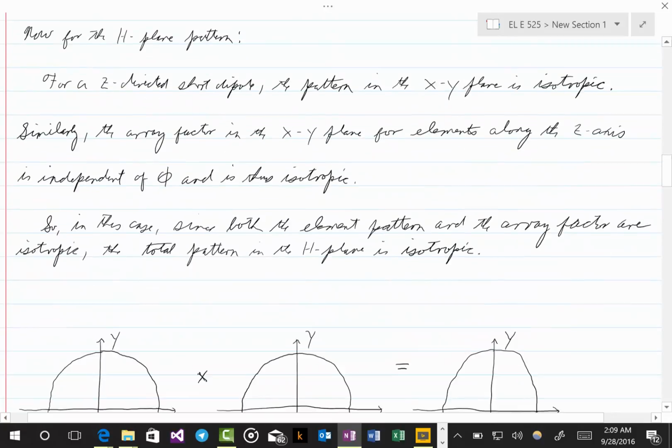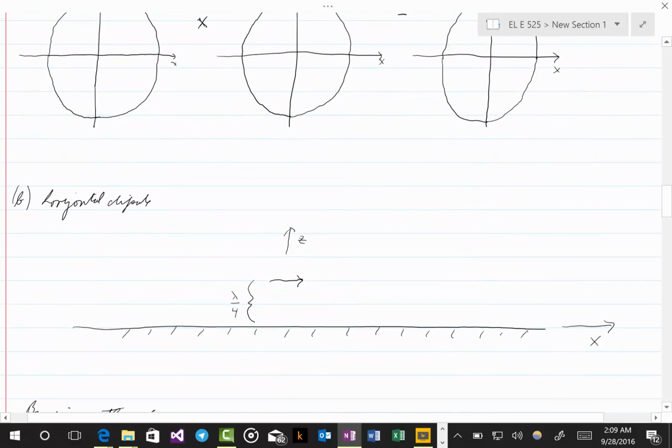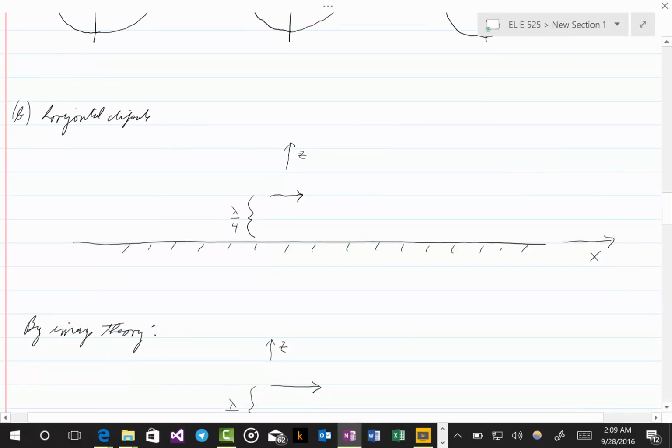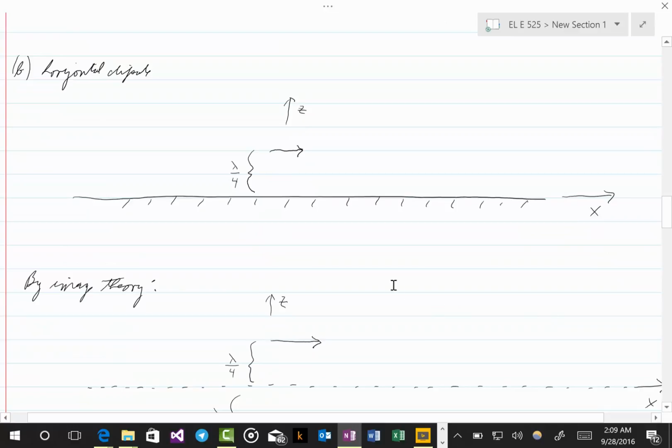And now let's go to the slightly more interesting horizontal dipole case. So again, we have here a horizontal dipole, and it is short. It's a distance lambda over 4 above this perfect ground plane. And here again is the z-axis, and here is the x-axis.